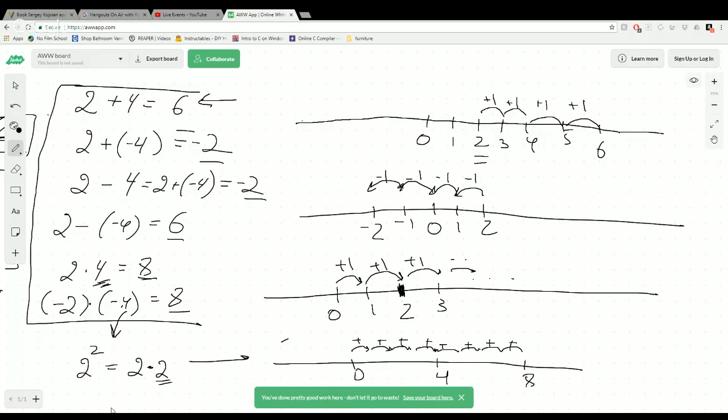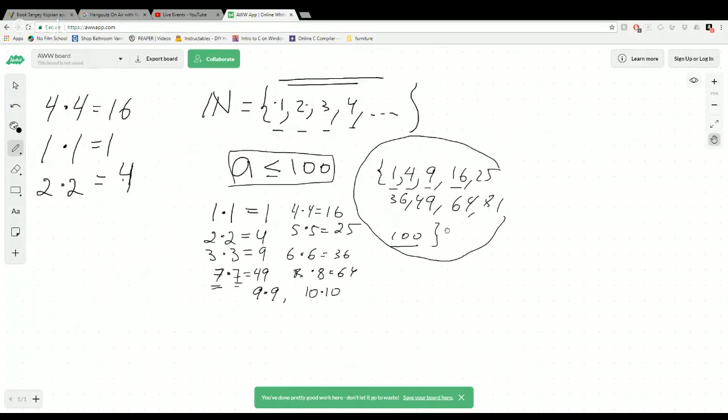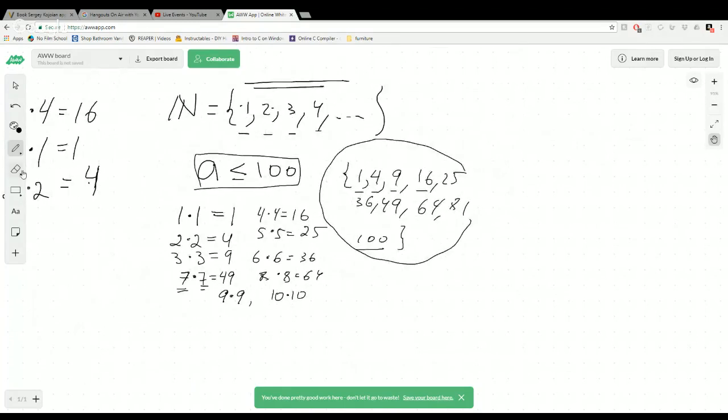Now, what is a perfect square? The example that we did a minute ago, when we were taking an integer and multiplying it by itself, these numbers are called perfect squares. It's a number that is formed by taking some natural number and multiplying it by itself.